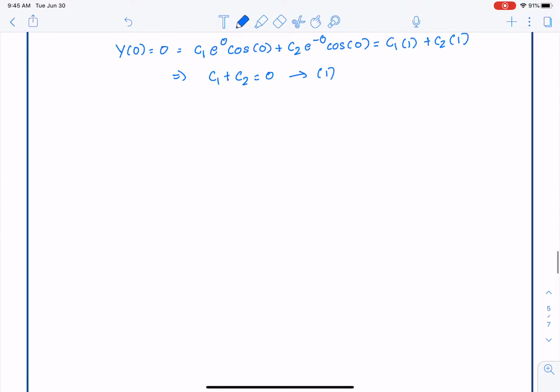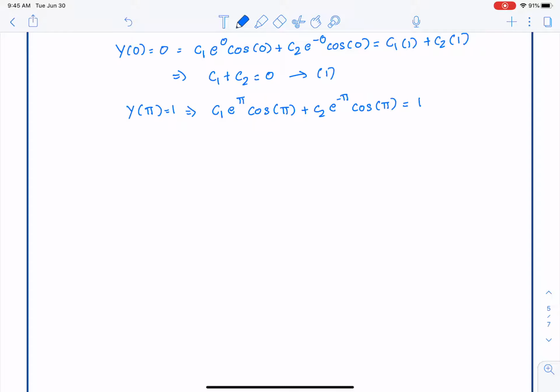Y of pi is 1, which would imply c1 e raised pi cosine of pi plus c2 e raised negative pi cosine of pi equals 1.